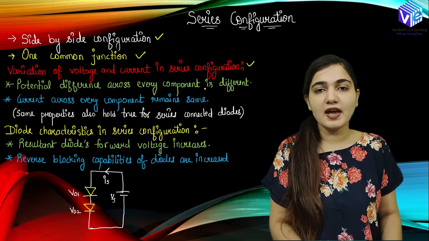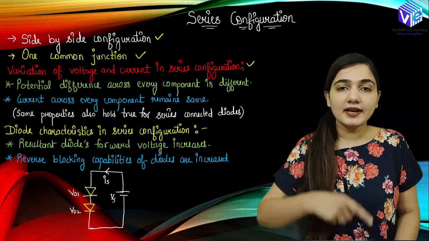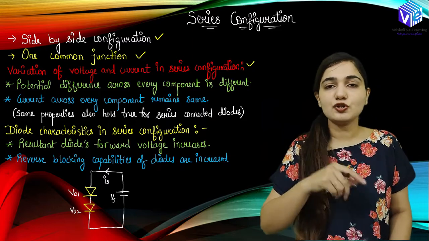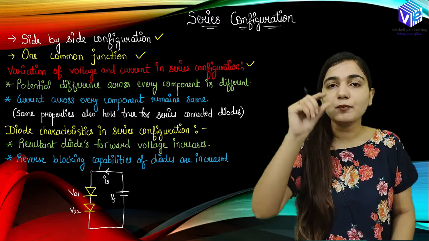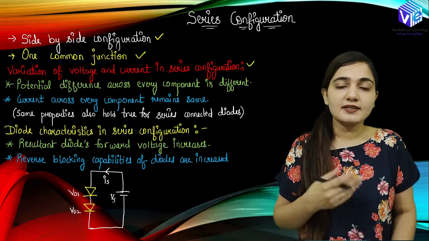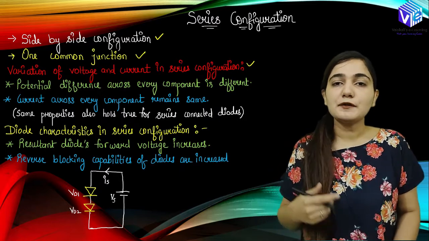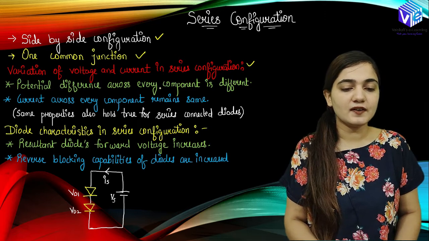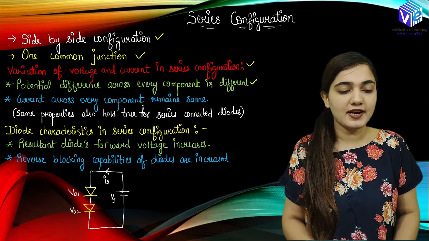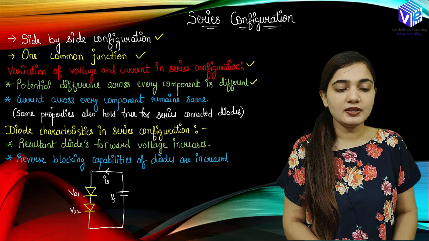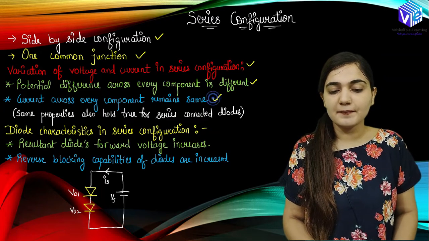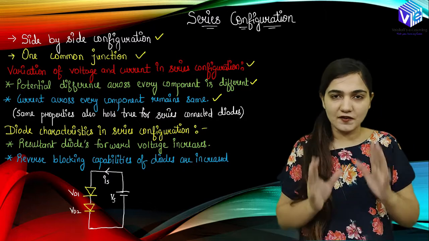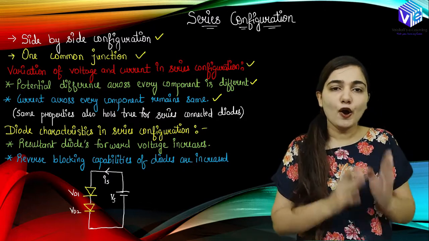We all know when I have a series connection, the current through the series connection would be the same, so the current moving through both of the diodes would be the same, but the potential difference existing on both of the diodes would be different. So the potential difference across every component is different, and in the series connection, the current across every component remains the same, right?